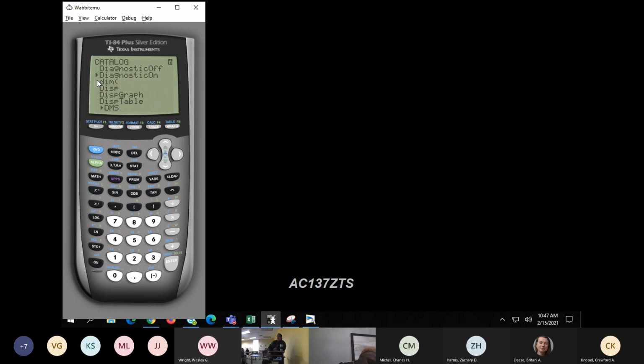Put the arrow beside diagnostic on and hit enter and enter. Now, what does diagnostic on do? It enables your screen to show everything it can show you in one screen. That's the easiest way to explain it. So with diagnostic on, everybody should be able to see what I'm fixing to show you.